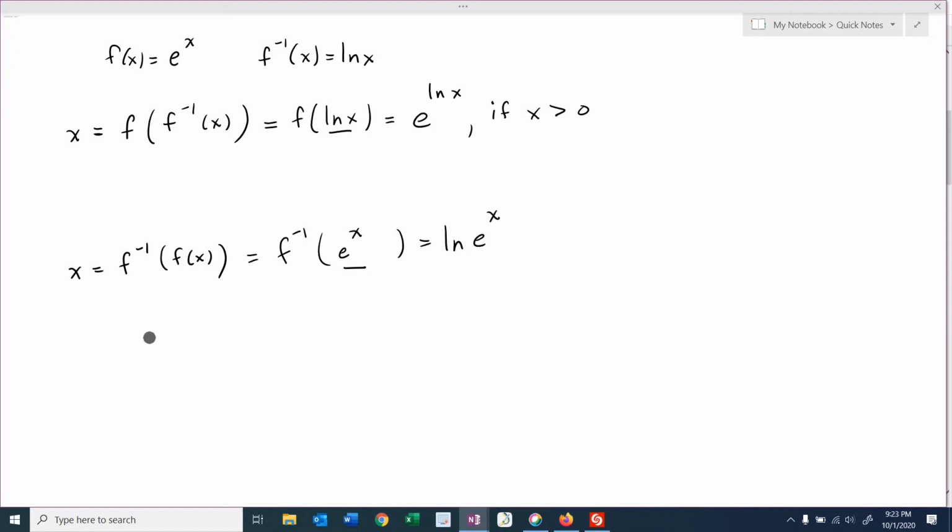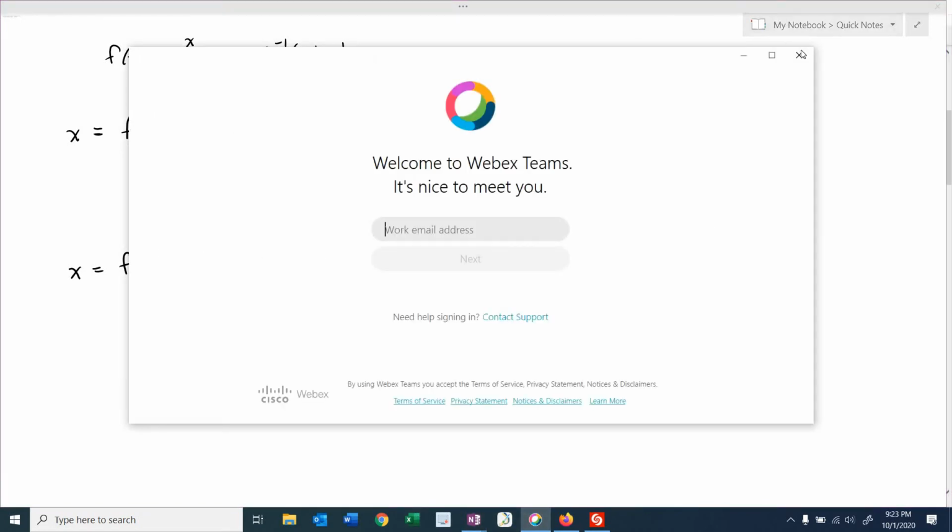And you can see natural log of e to the x is equal to x by this property. This one's true for all x values because e to the x is defined for all x values. There's no restriction here. Okay, so that's why that property is true.